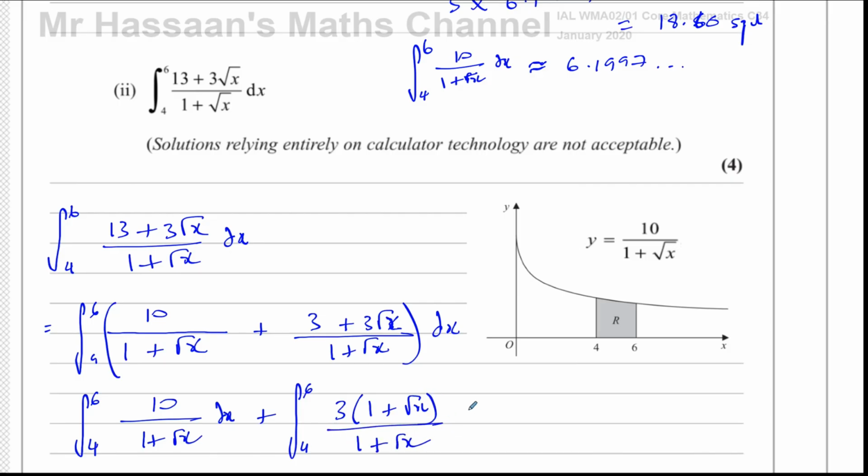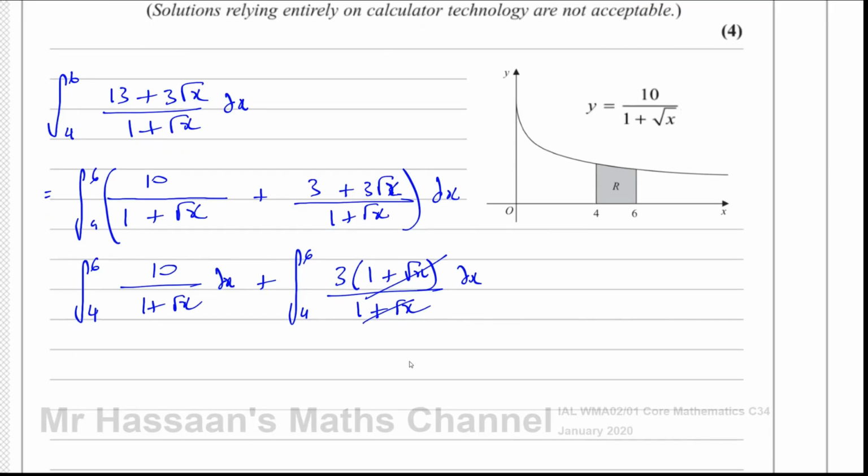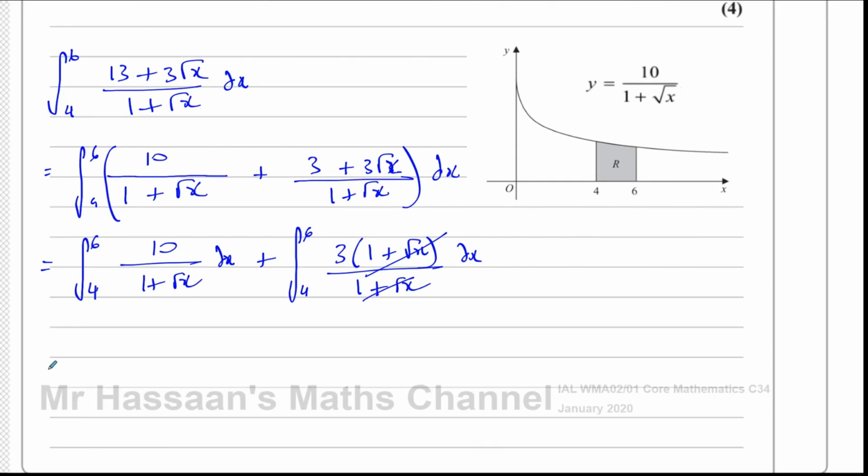And you notice these are going to cancel out. So we're left with the integral we know from part A, plus the integral between 6 and 4 of just 3 with respect to x, which I do know how to integrate.